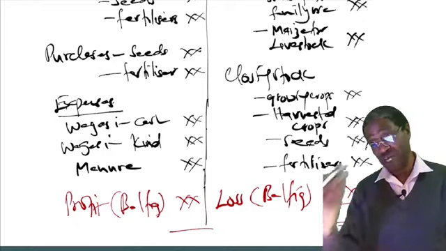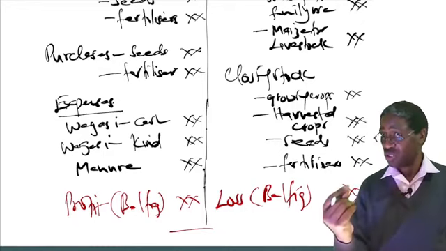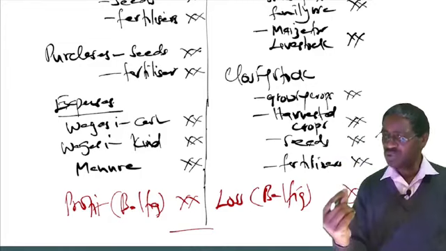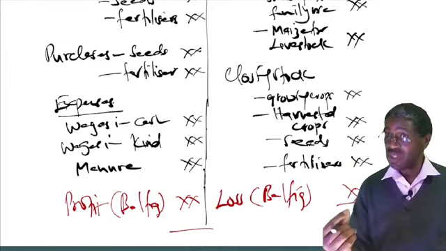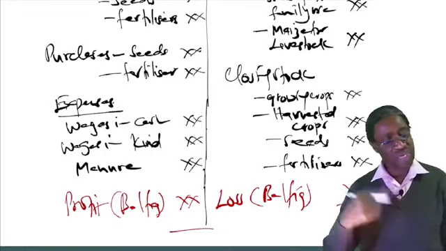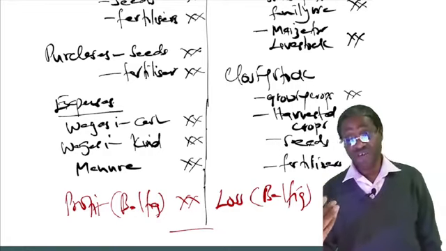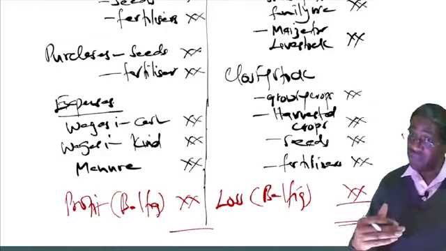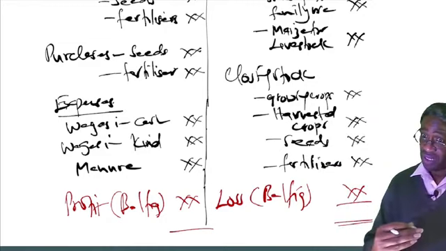That's number 2, that there should be some value that we shall derive from the use of that asset.